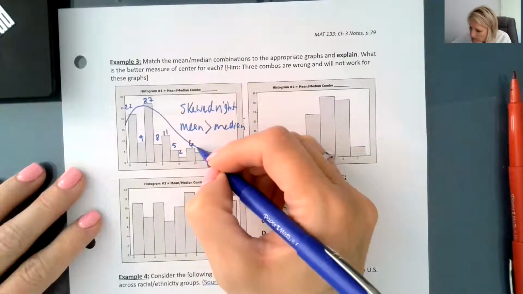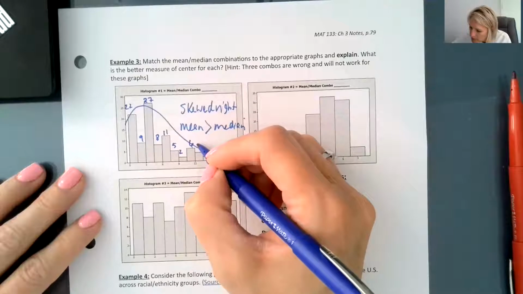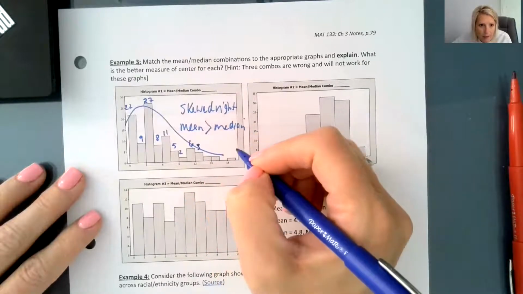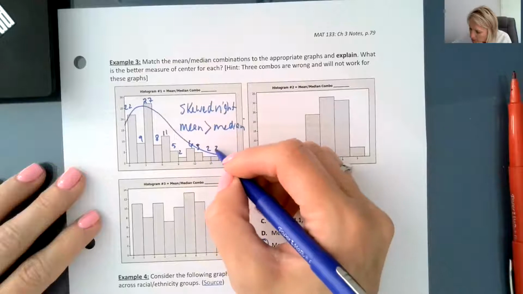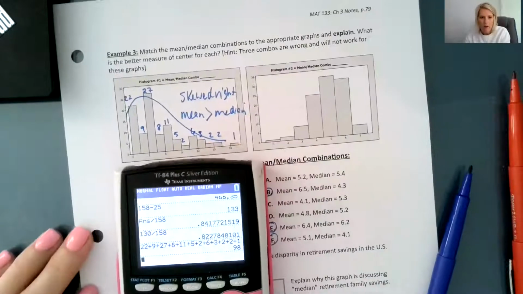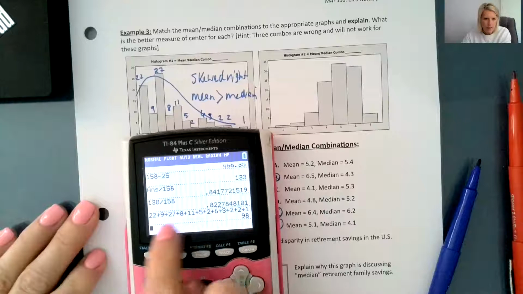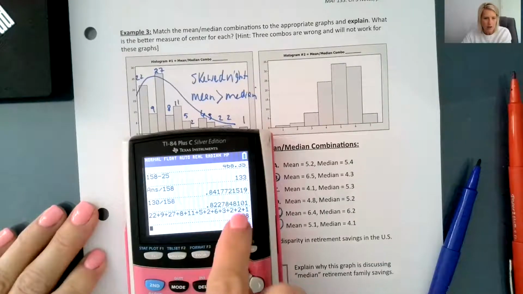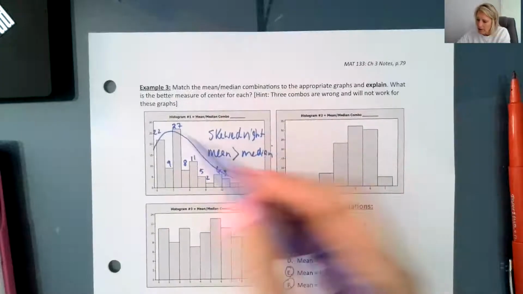That one's going to be 6 and 3, and then 2, 2, and 1. So let's just add these up and it'll tell us about how many data points were in each. So 22 plus 1 plus 27 plus 8 plus 11 plus 5. I underestimated them somehow because there's only 98. So there really should be 100 data values here. Okay, so this should be about 100.